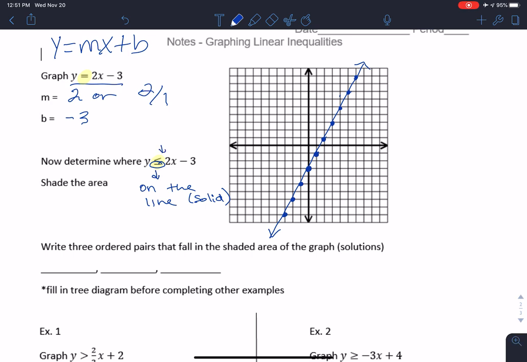But this less than is telling me that I need to shade the area under the line. So under the line, I have this area right here.